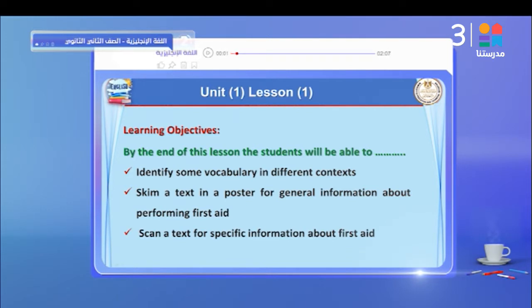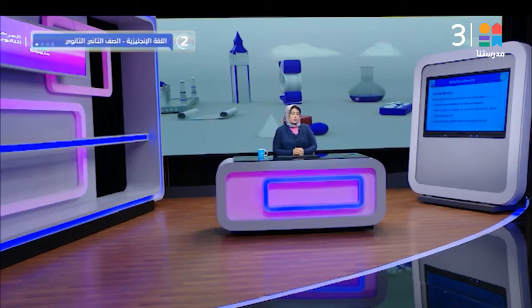Scan a text for specific information about first aid. We will also read a text to know some detailed information about first aid. We will read many things about it now.